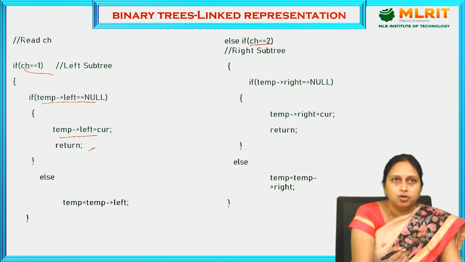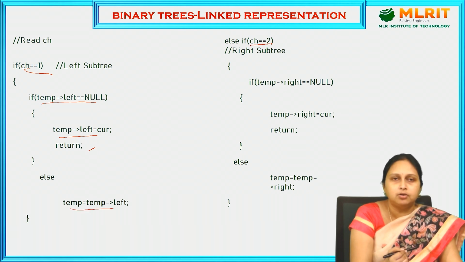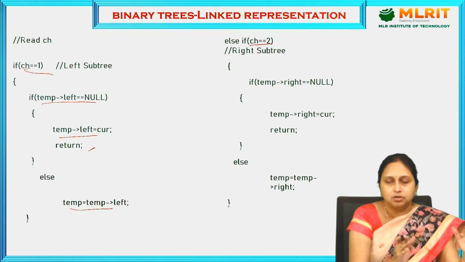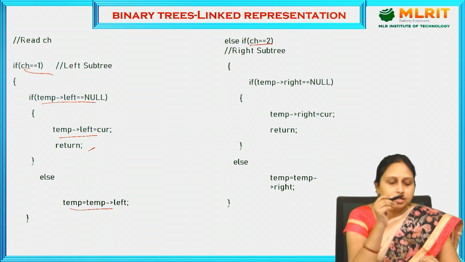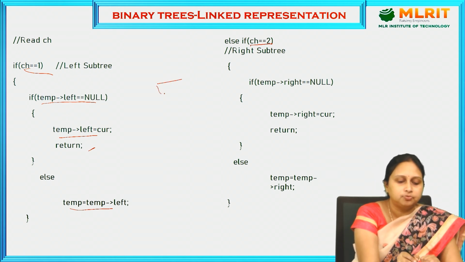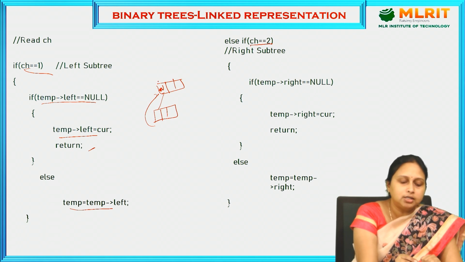If temp is not equal to null, then we are going to assign temp equal to temp arrow left. We have seen, first we inserted 20. Based on that, it checks temp arrow left equal to null. This is null first. Because of that, we are adding this node here and returning back. And if it is not null, it has some address.